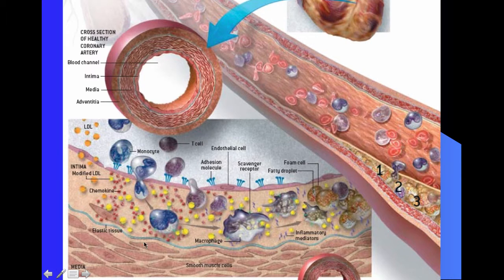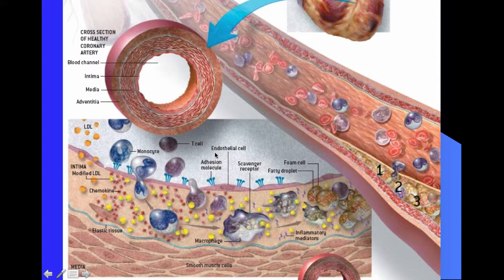If we look at this kind of inset here, we can talk about steps 1 through 3 in this process. So if we look at step 1, let's just identify some of the molecules here. Here we have LDL. These cells along here, see this is the actual wall or surface of the artery. These are called endothelial cells, and it's labeled right here. So make sure you remember that.